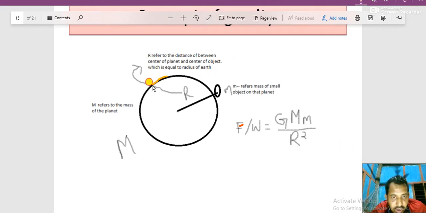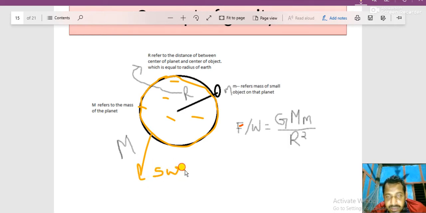This is the earth or any other planet, with mass M. This is not a vacuum, it is not empty, all masses are over here, and outside till this point we call the surface of the planet.